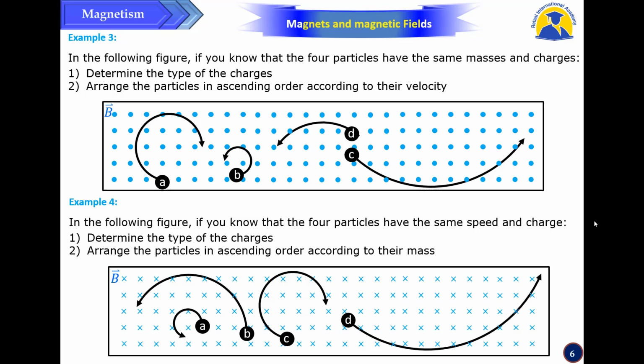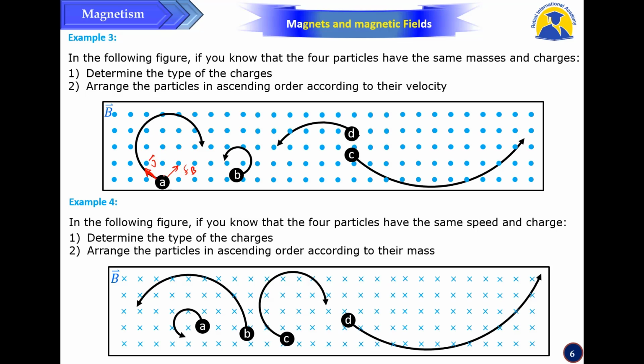If the direction of force is opposite to the movement, it will be negative. So for particle A, the direction of velocity in the beginning will be in this direction, V. And by using the right hand rule, the direction of magnetic field is outside, the direction of velocity in this direction. So the direction of force will be in this direction.